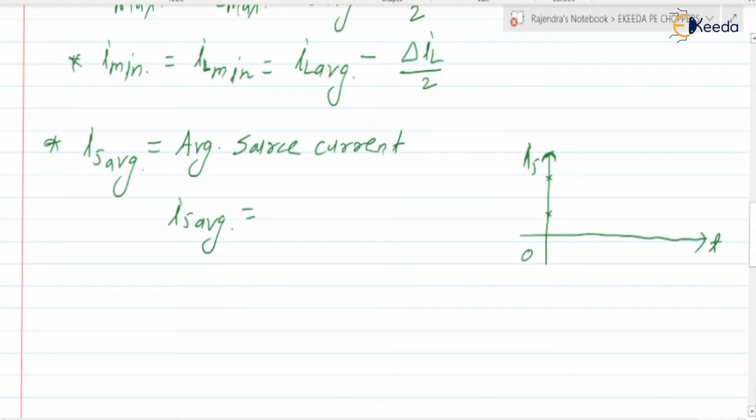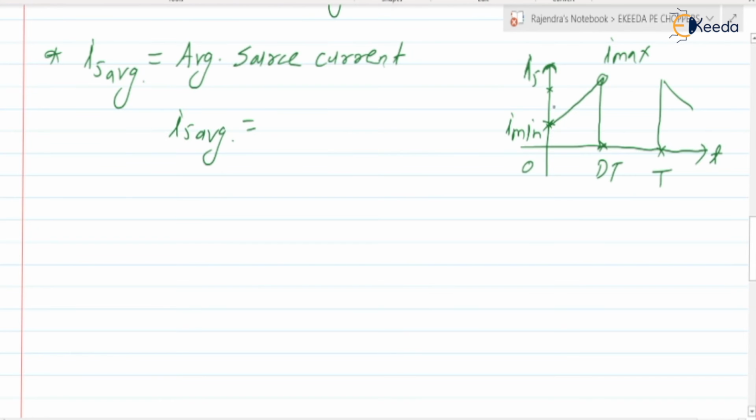During 0 to dt, that is t on, it is the current, and during t on to t it is 0, and after that the same cycle repeats. This is I min and this is I max. Further, approximately, what is the average of this? It is like IL average. So we can write it as IS.